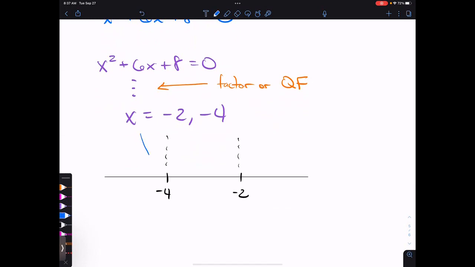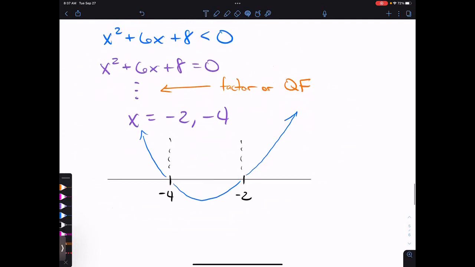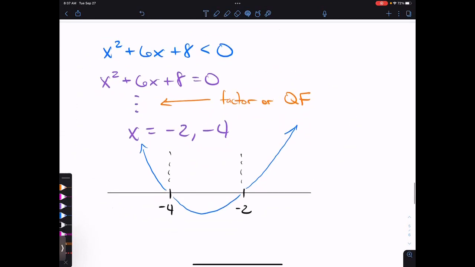So the graph looks something like that. Now, either by thinking about the graph or by testing points, we can figure out how to answer the inequality. The inequality says that we want to know where x squared plus 6x plus 8 is less than 0, smaller than 0. So where would that be here?